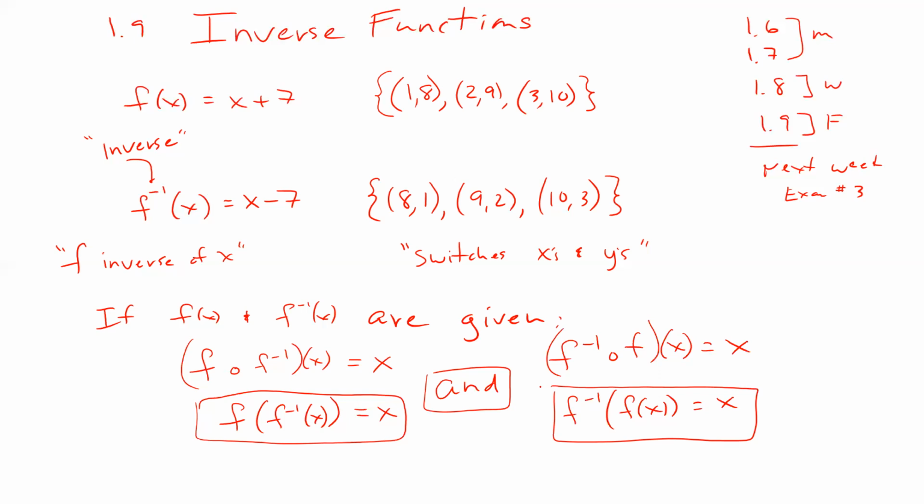Okay, so now let's see. That's the definition. Let's see what it means, though. The way in algebra that we prove that two functions are inverses of each other is we do this piece right here. If you have a function, and you have another function that's going to undo the work of it, you're going to wind up back with x. Let's see if this works.